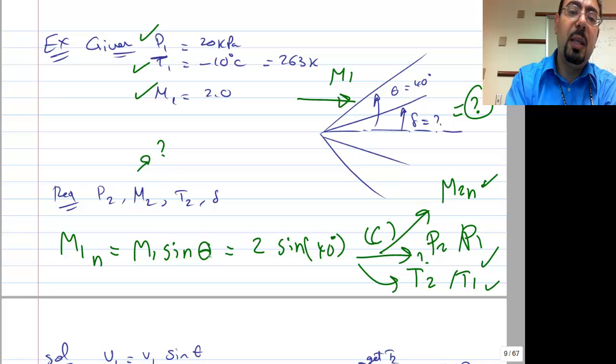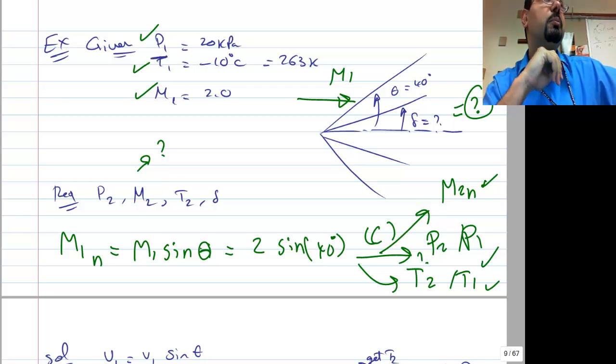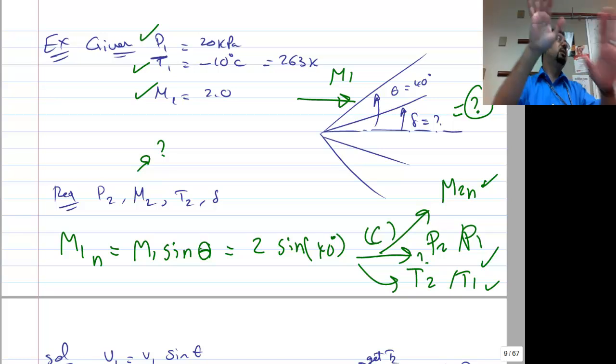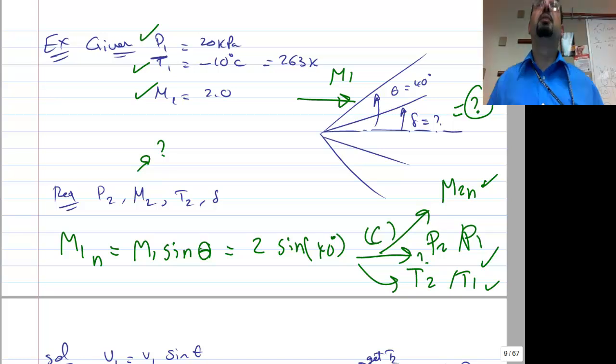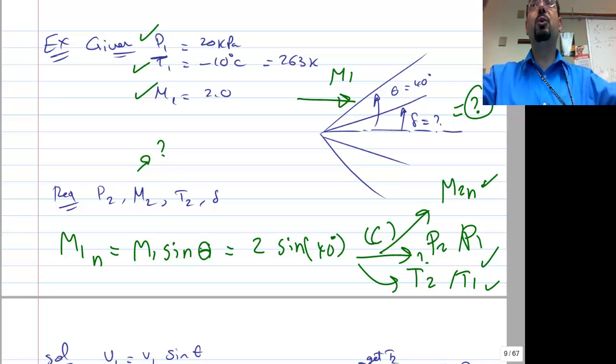So before we introduce appendix D, you can get M2 for me right now. For a free homework problem. How can we get M2? I can't hear. And forget about theta and delta for a second, because I cannot mess with delta because he is asking me for delta. Couldn't we just do vector algebra because the velocity in the tangential direction is the same? Forget about the direction, velocity, and all those things.